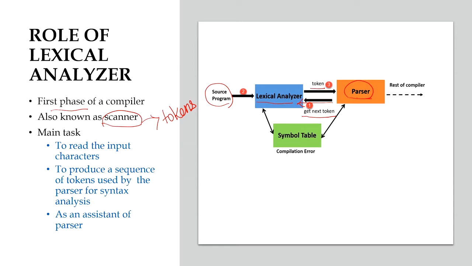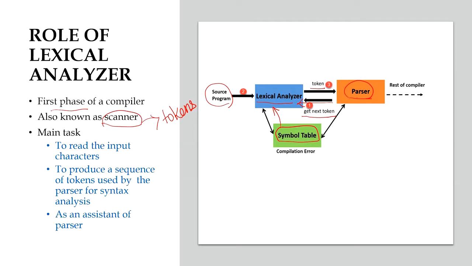During the complete process of tokenization, the symbol table is involved. The symbol table is used for getting the different types of identifiers, keywords and addresses, and after obtaining the token, it is added into the symbol table also.